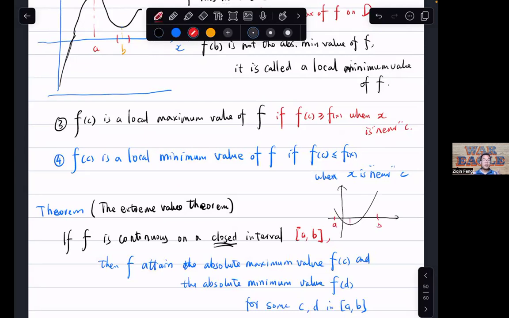It could be a local minimum, which is also the absolute minimum value. It could also happen at the boundaries, right? The boundary points a and b, the terminal points of the interval. So that's an example we have here. This is our absolute minimum value. This is our absolute maximum value.